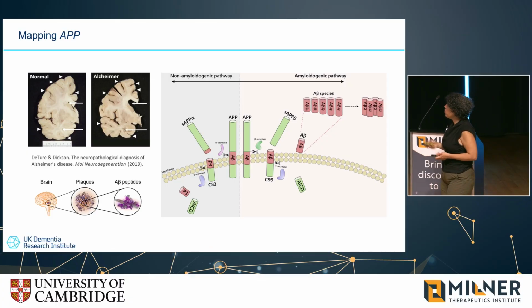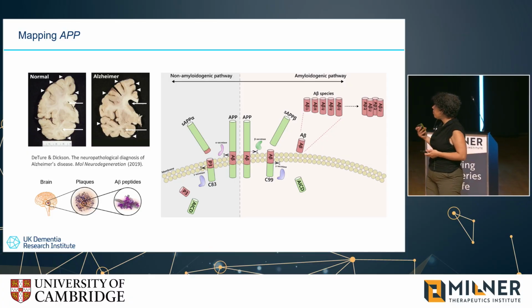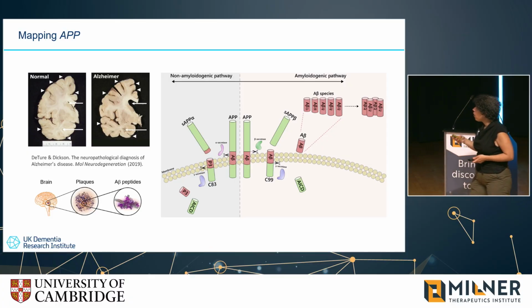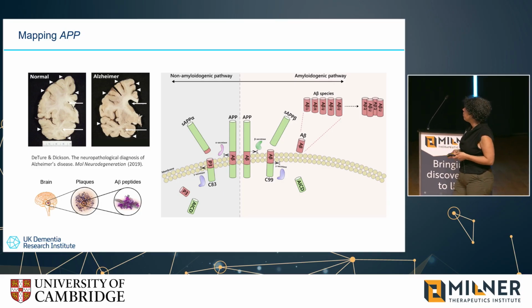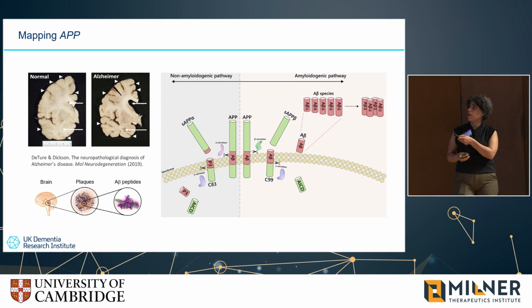So APP, what do we know about APP? Well, we know that APP is crucial. This protein is cleaved in two places, by the beta secretase and the gamma secretase. These two cleavage positions are crucial to generating the A-beta peptides, which are the constituent parts of the pathogenic plaques that are pathognomonic for Alzheimer's disease and absolutely diagnostic for it.